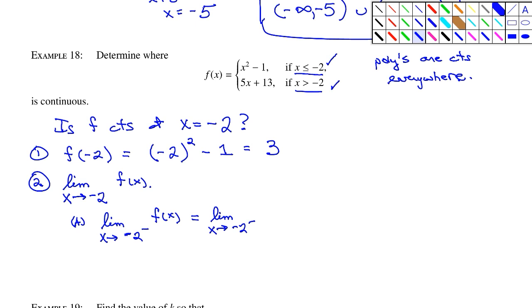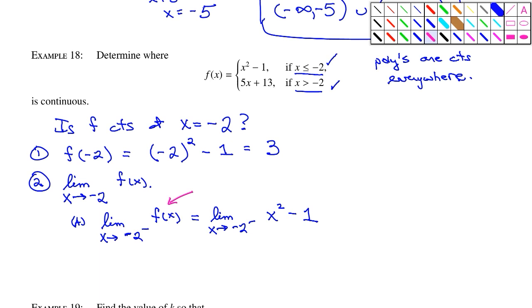It's the top piece. Notice how I had to use f of x in this first part, because I didn't know which expression to use. Now I know which expression to use, so I can use the correct one. I plug this in, so it's -2 squared minus 1. There's no real extra consideration for this being a left limit because I'm dealing with a polynomial. It's all going to work out just fine there.